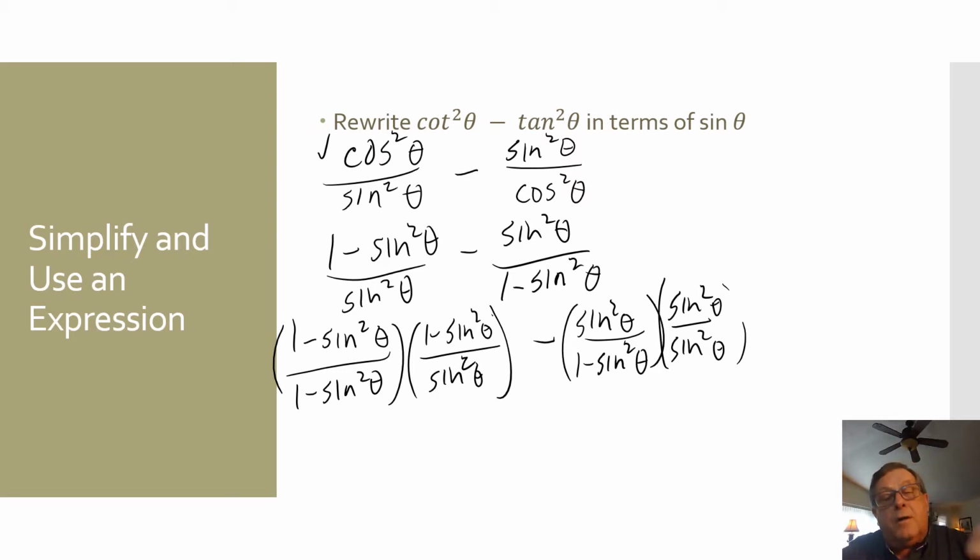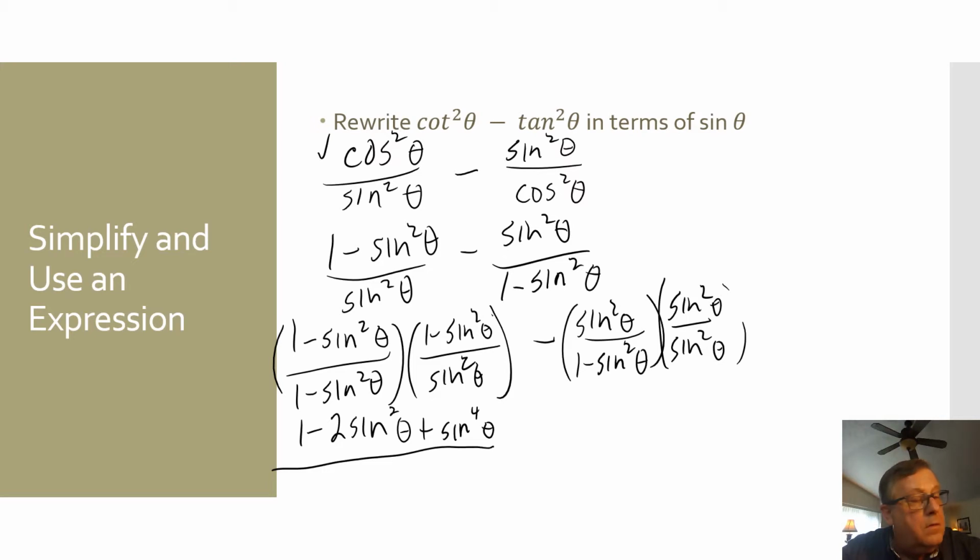In the numerator, then, we're going to have 1 minus 2 sine squared of theta plus the sine raised to the 4th power of theta over, and we're going to distribute now here to the bottom, 1 minus the sine squared of theta times sine squared of theta.